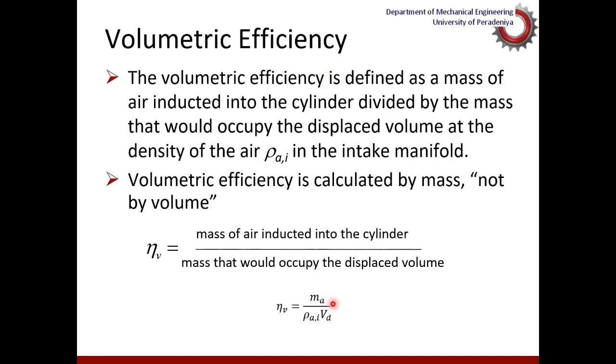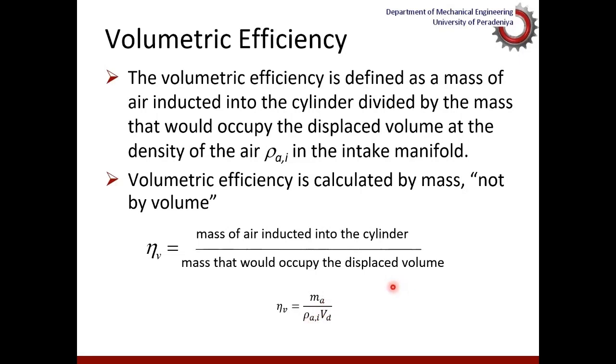Simply speaking, it is the mass of air per cycle divided by the density of the air under intake, environmental or ambient conditions, times VD, the displaced volume. So this is the mass that could occupy the displaced volume under standard conditions, and this is the mass actually induced into the system.